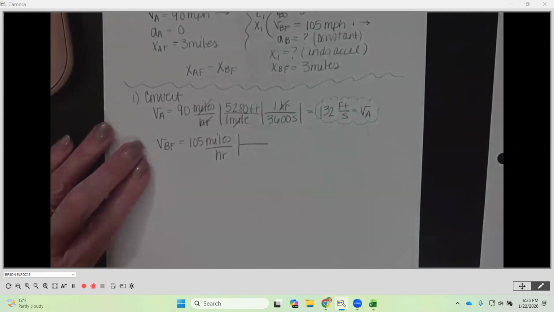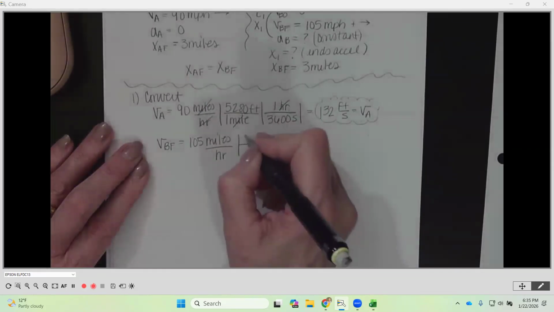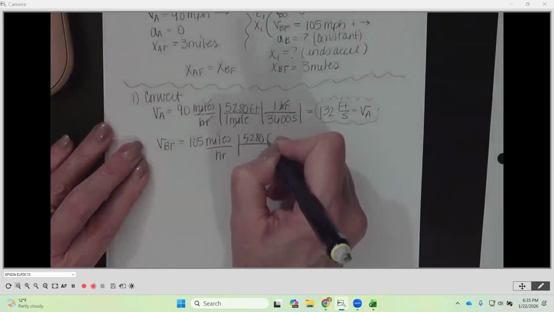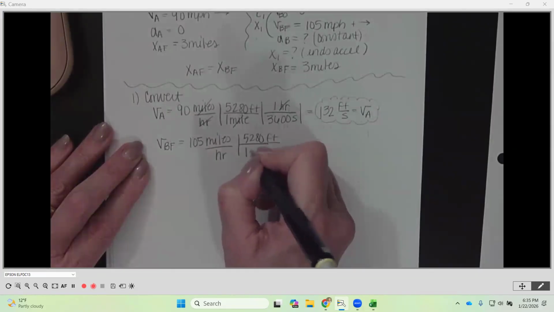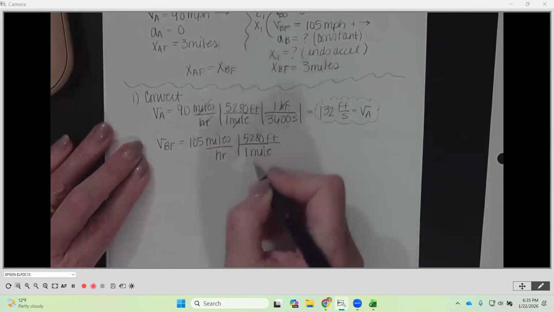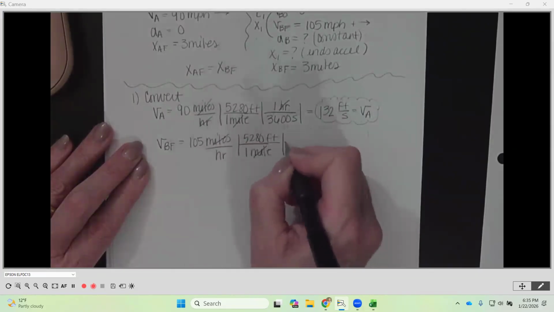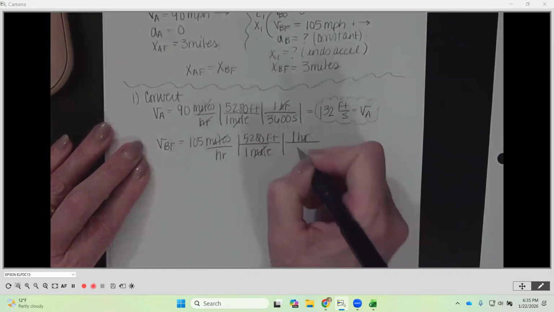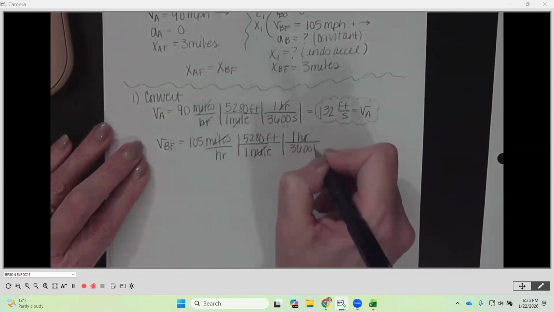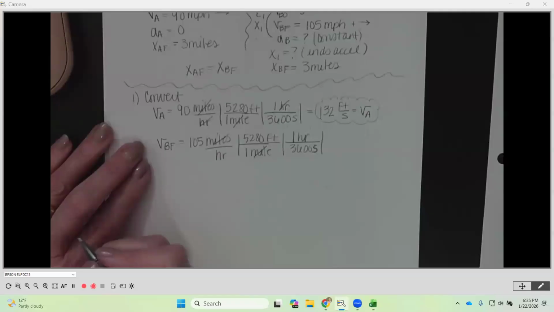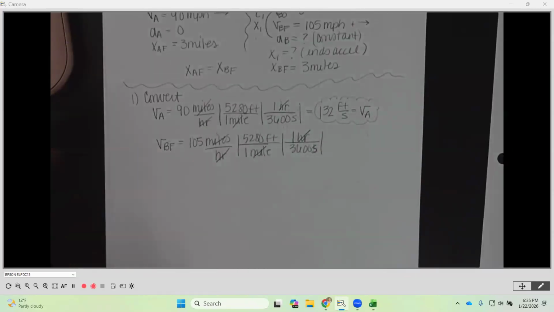Here again, we're going to do the same ratio. So we're going to have 5,280 feet on top, 1 mile on the bottom, miles cancel. And then we're going to have 1 hour on top, 3,600 seconds on the bottom. Hours cancel. Make sure you cancel.